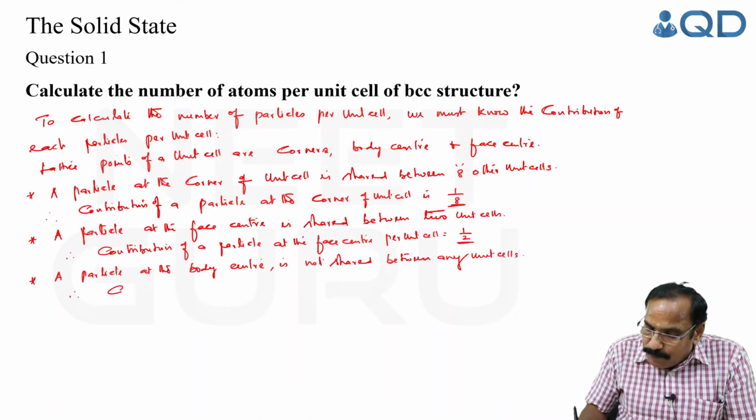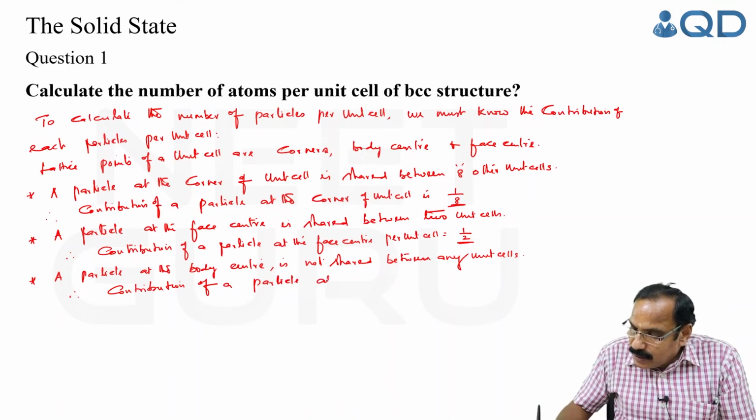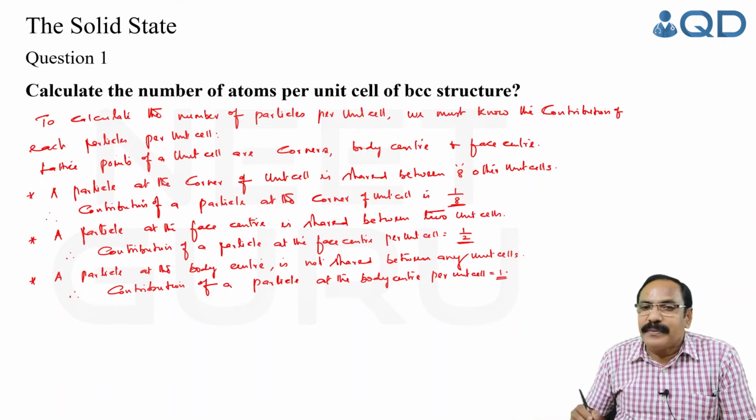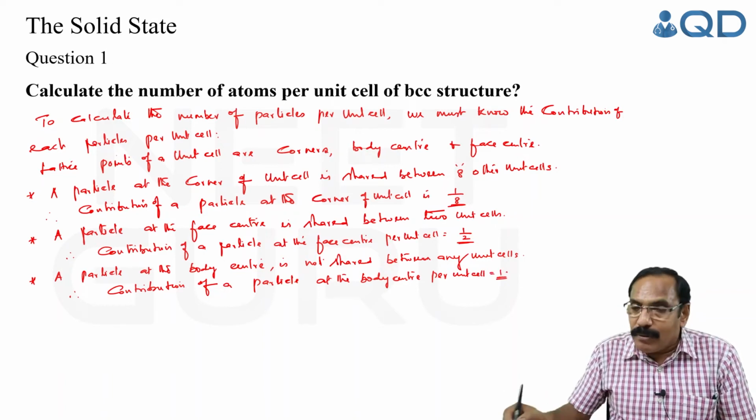And therefore, the contribution of a particle at the body center per unit cell is 1. Only when you know this one, you will be able to calculate.